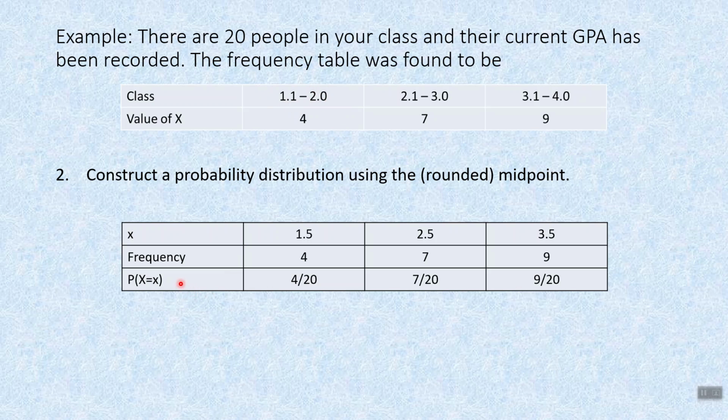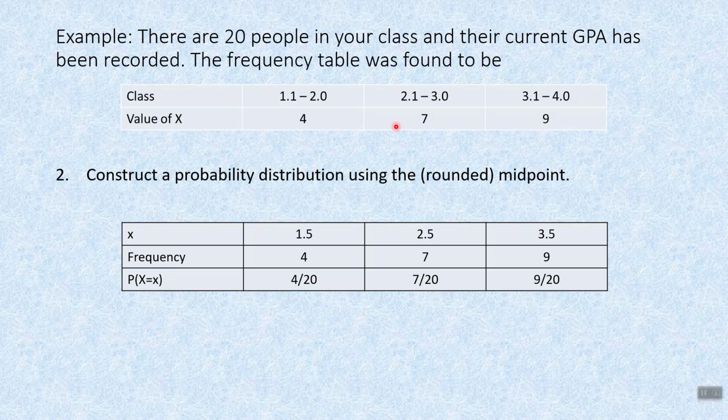So we might ask ourselves, what is the probability that capital X equals 1.5? We're not looking at the probability that your grade point average is exactly 1.5. It's a representative from the entire measurement class, from the entire measurement class.